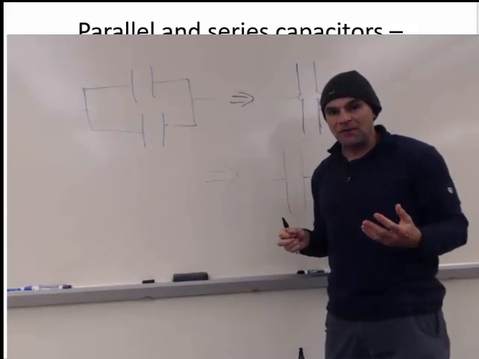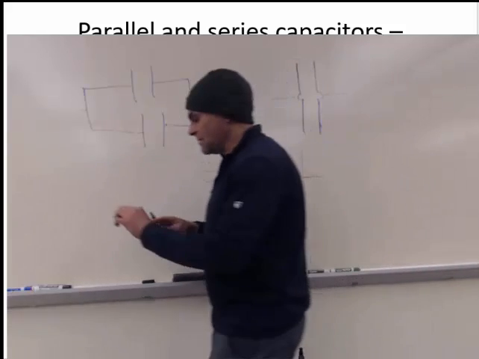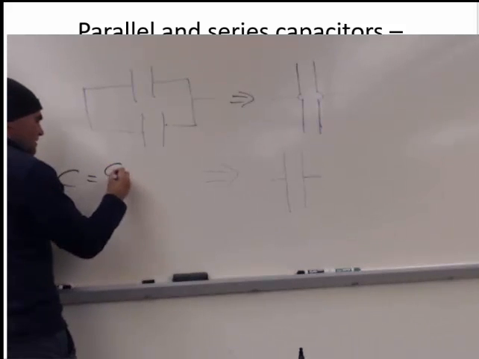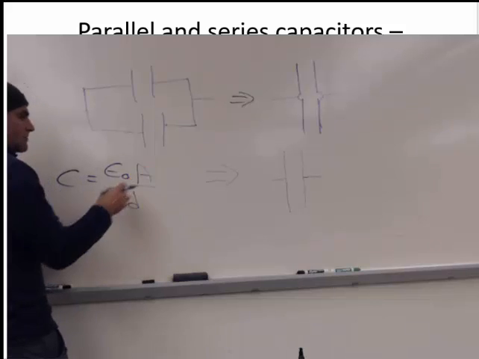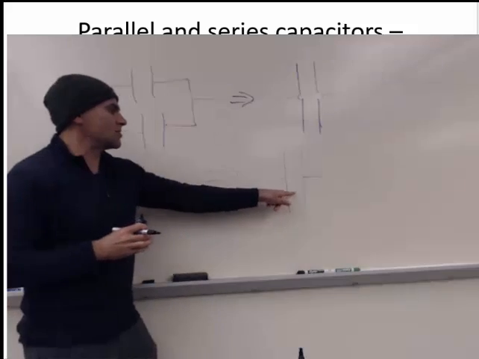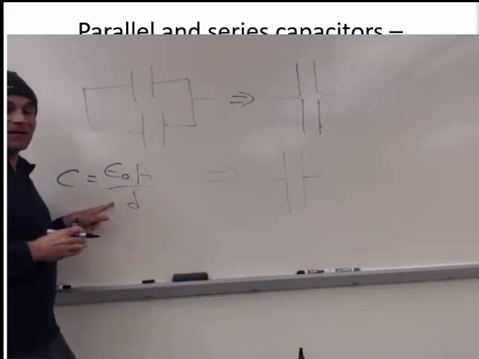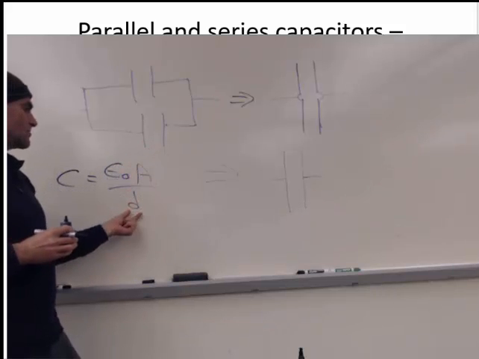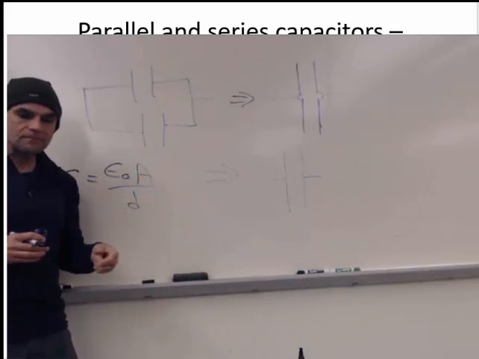And since you know that the value of capacitance gets bigger by the equation we came up with in the last video, capacitance equals epsilon 0 times A divided by D, where A is the area, you can imagine that this capacitor here, which represents the parallel combination of these two, is going to have a larger value than either of the other two. Conceptually, that's what's going on, and the spacing between them is the same, so the D is going to be the same here as it is here.